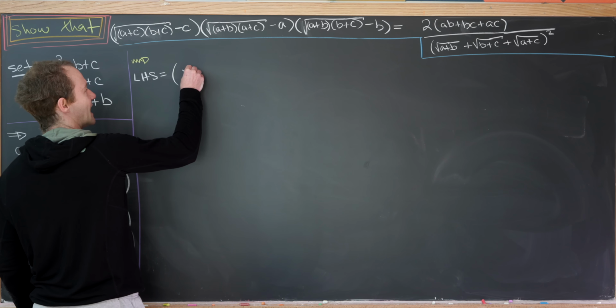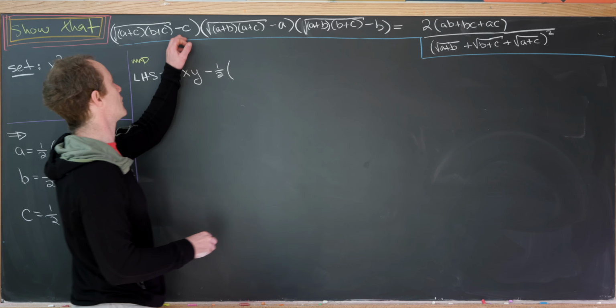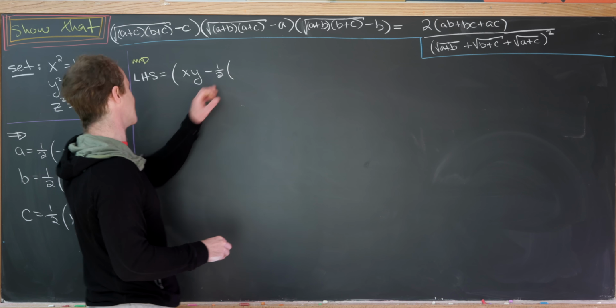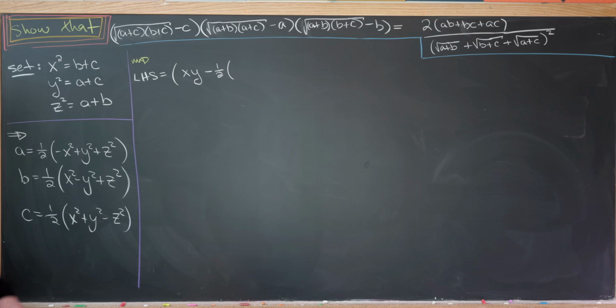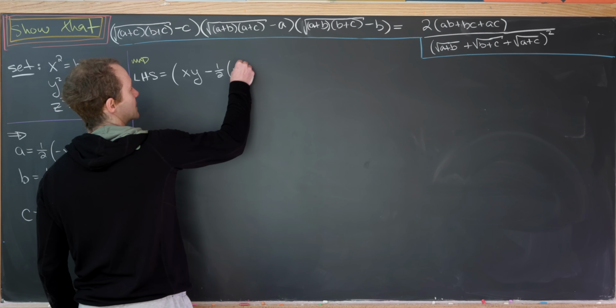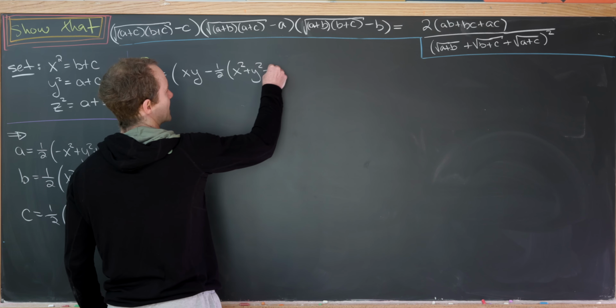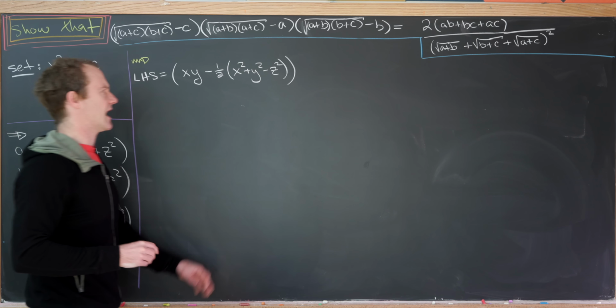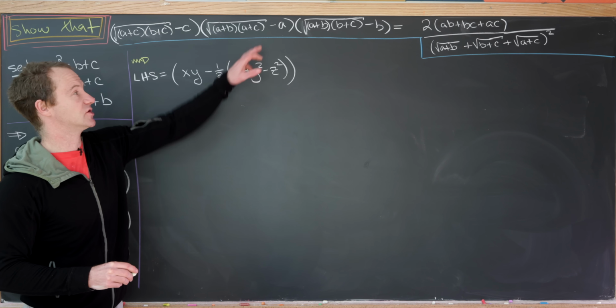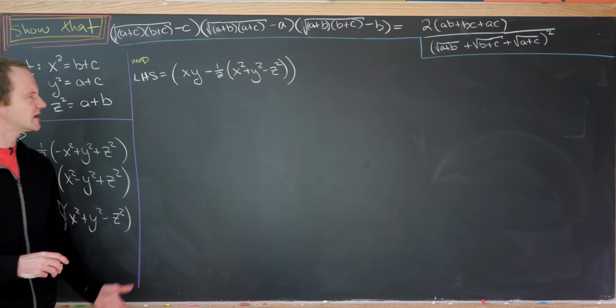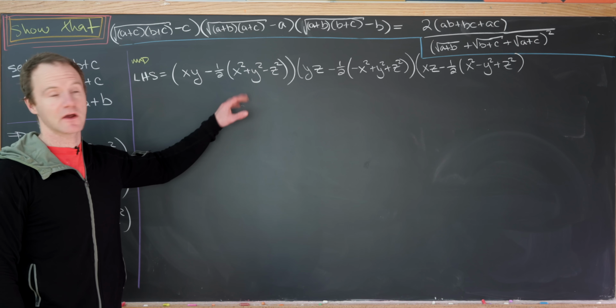Okay, so that's going to be x times y, and then we'll have minus c, but that'll be minus 1/2 times x squared plus y squared minus z squared. So I'll write that down. Great. And then we'll have similar things for the other 2 terms of this product. So let's get those on the board really quickly. And there we have it.